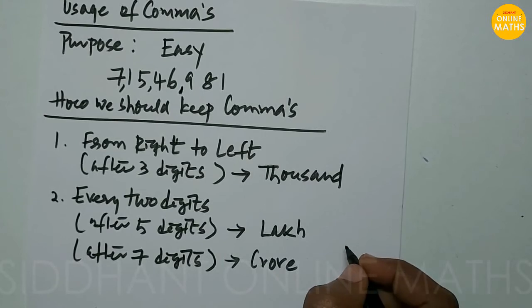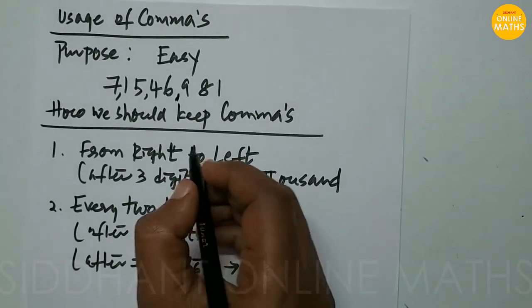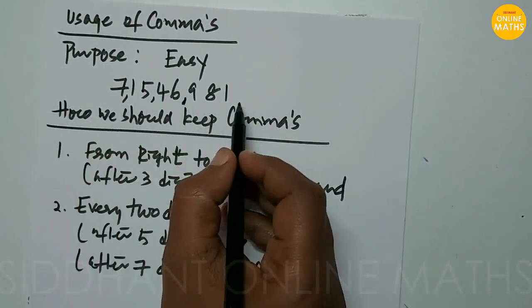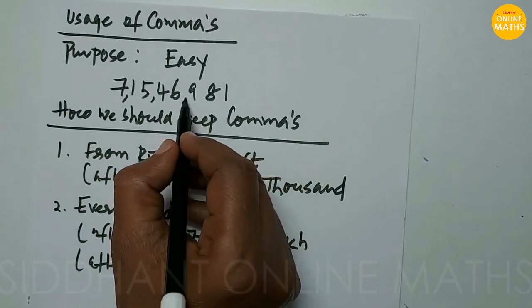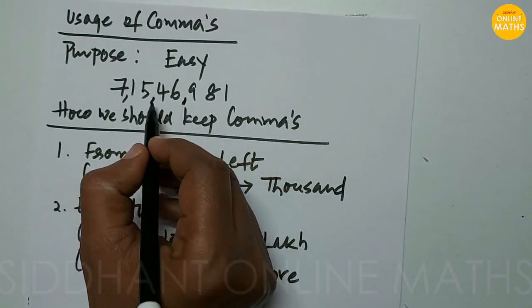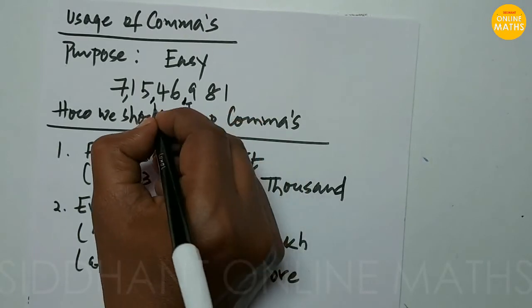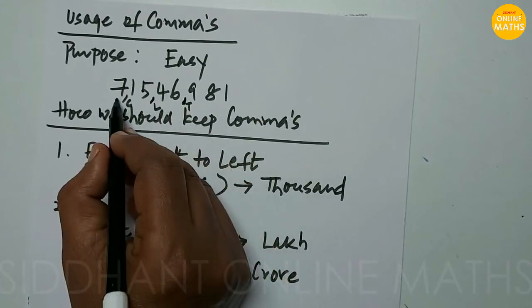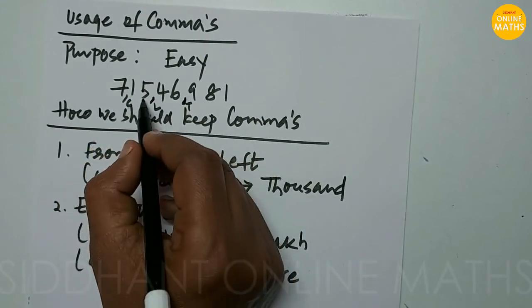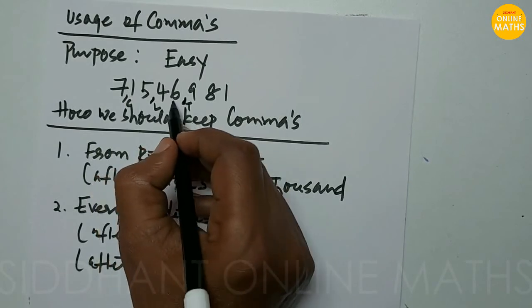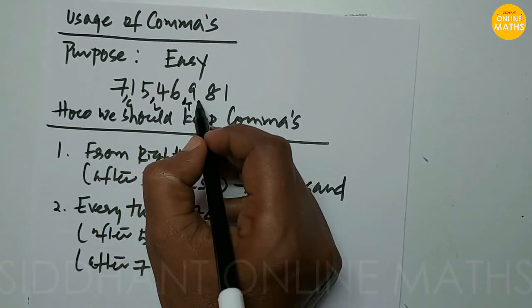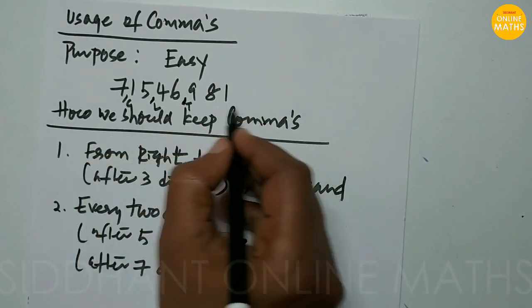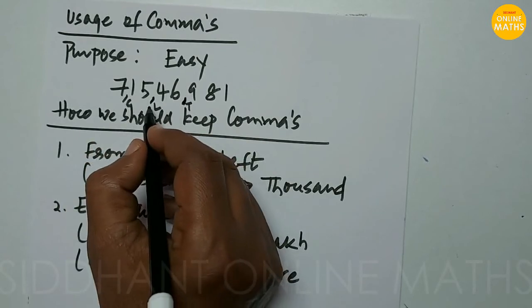Now in the above number, from left to right, here it is crore, here it is lakh, and this is thousand. So it will be read as 7 crore, 15 lakhs, 46,000 and 981.